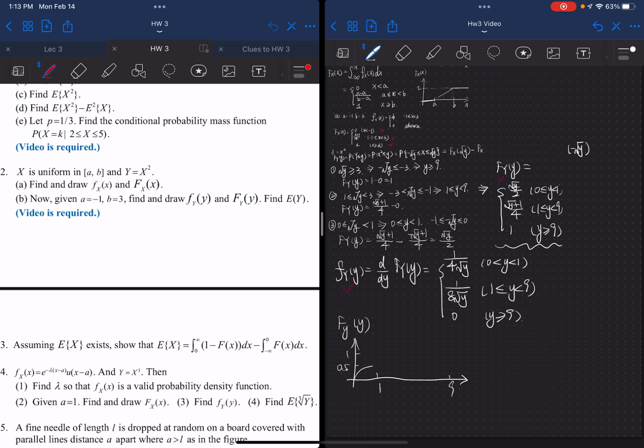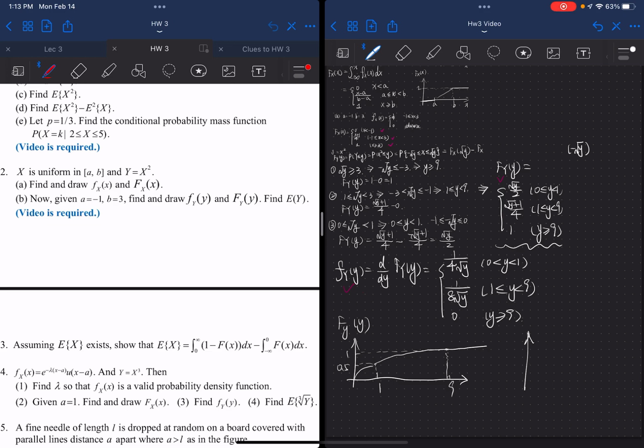This is the probability distribution function of Y, and it is equal to 1 when y is greater than 9.